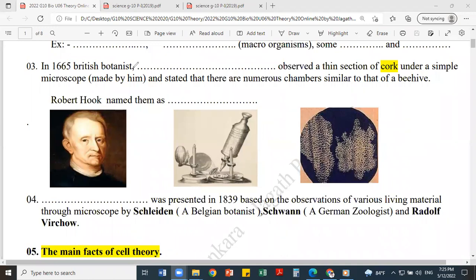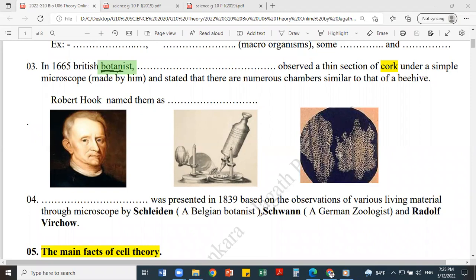A botanist is a scientist who specializes in plants. Zoologists are those who specialize in animals. So he was a botanist and he observed plant cells, not animals.